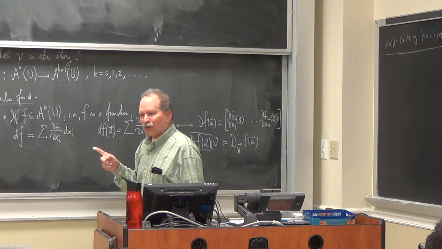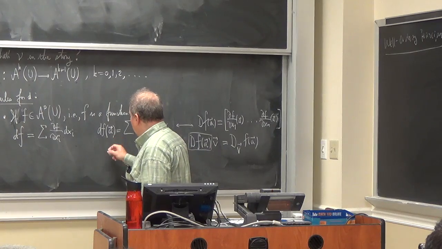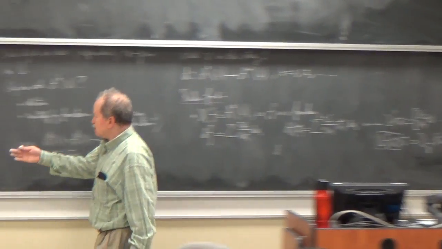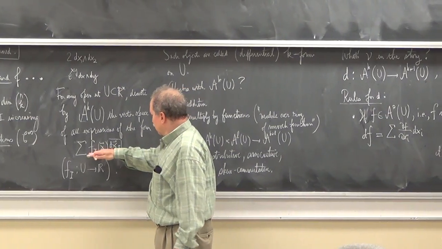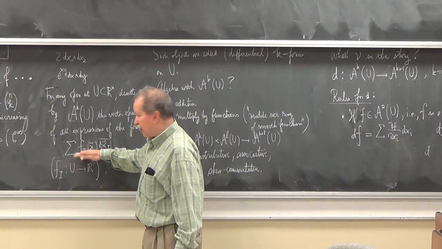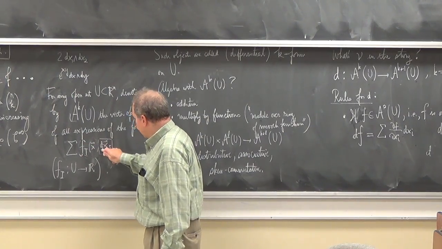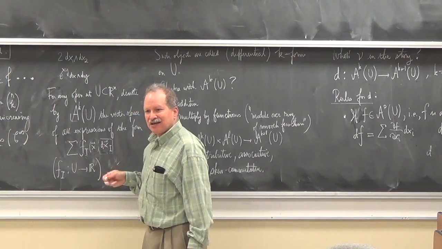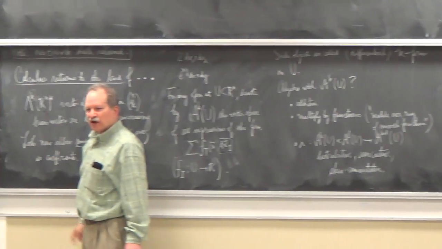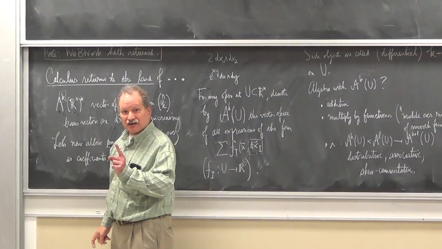The one form, once I put in A, then it wants to be one of these things that's just a scalar. Once I put in A, I have a scalar here times dx. That means that's in lambda 1 of Rn star, so it wants to eat a single vector.